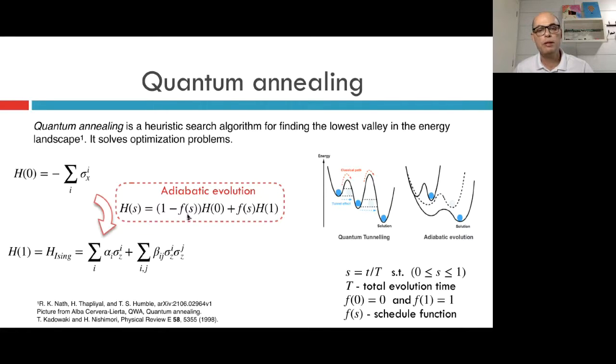So the adiabatic evolution can be performed in different ways, but one of them is this way, where f is the schedule function. In this case, f is a function of the dimensionless time, that is t, the current time, over capital T, the total time of the evolution.